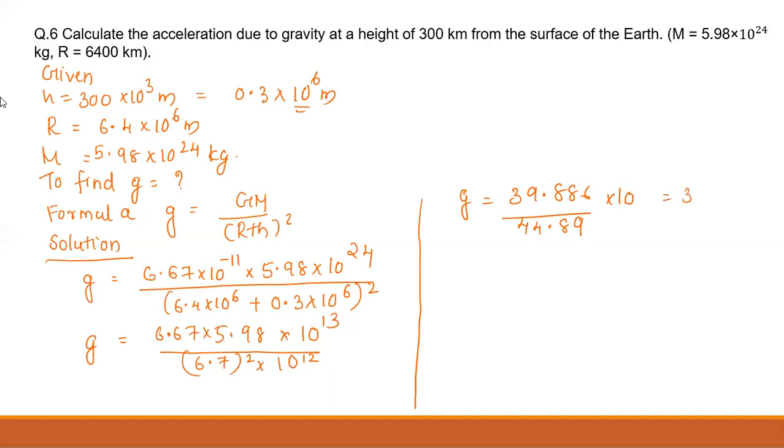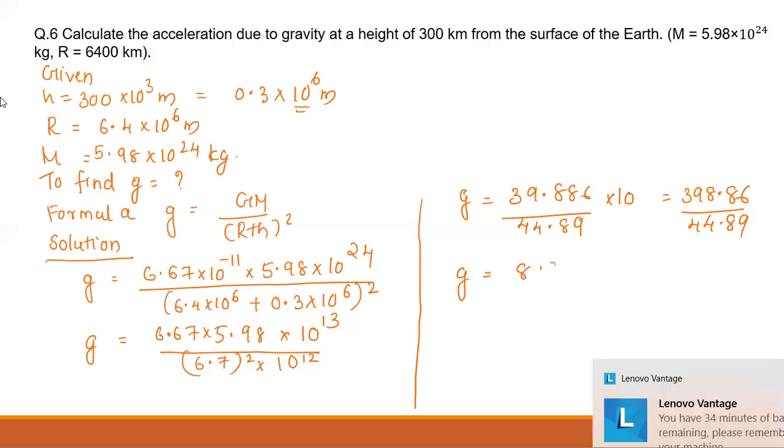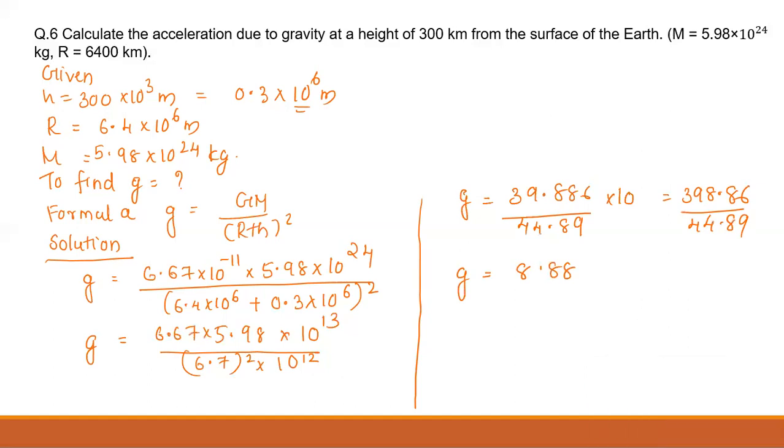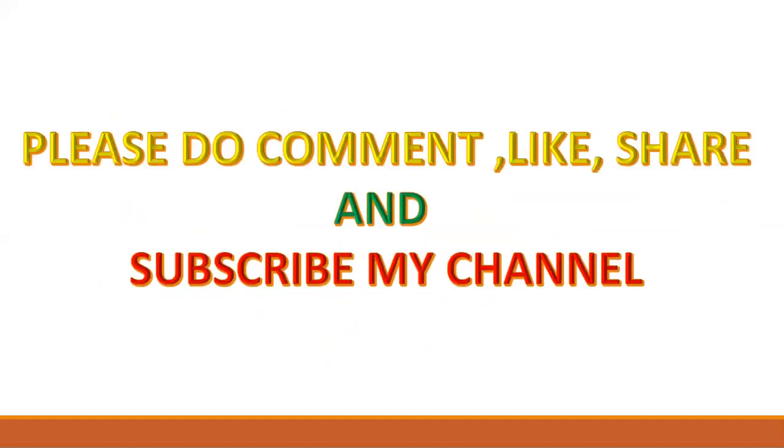Okay, that is 398.86 divided by 44.89. On solving this, we will get g is equal to 8.88 meter per second square. This is the value of g at a height 300 kilometers from the surface of the earth. Okay, I hope you all understood this one.